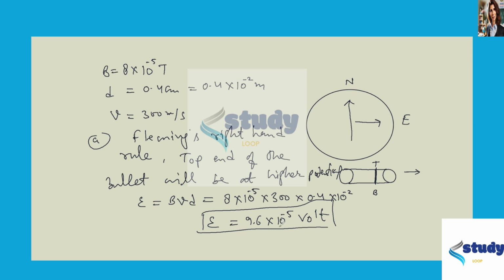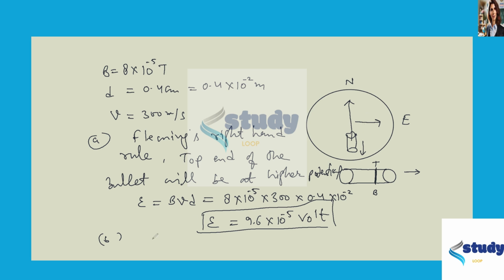Now, in the second part of the problem, they are asking what is the EMF if the bullet travels south, meaning if this bullet starts traveling due south. In that case, the velocity vector will be anti-parallel to the magnetic field vector.